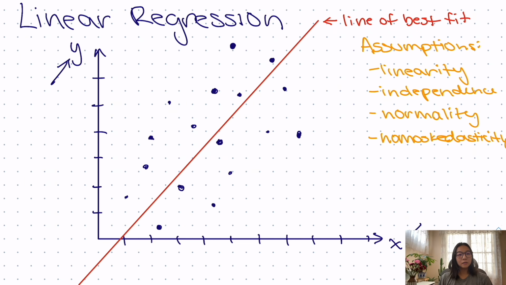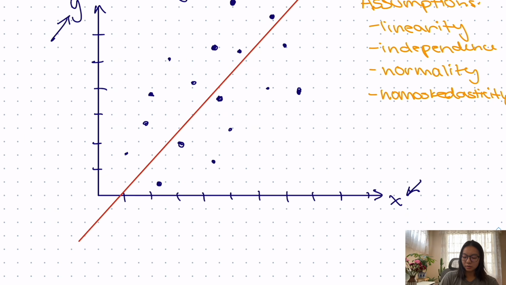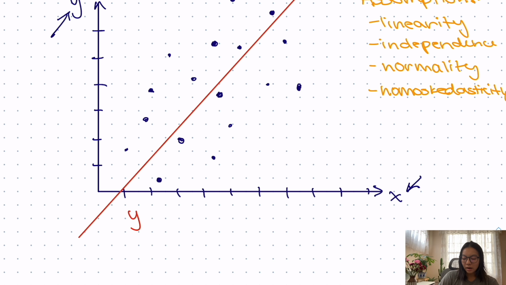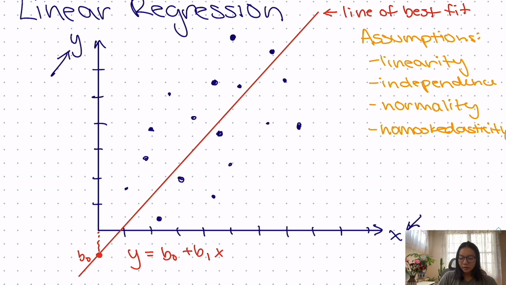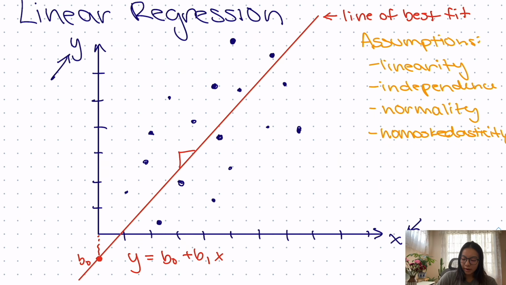And this line is modeled by the equation, I'm going to write it down here, y equals b0 plus b1x. Now b0 just means it's the y-intercept, so if we extend this y down here, this value here is b0, and then b1 defines the slope of this line, okay? All right, so that's the formula for linear regression.